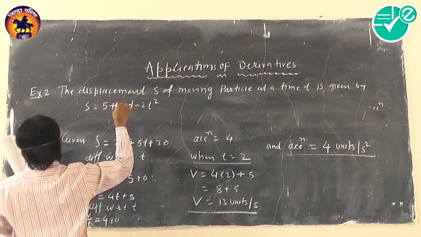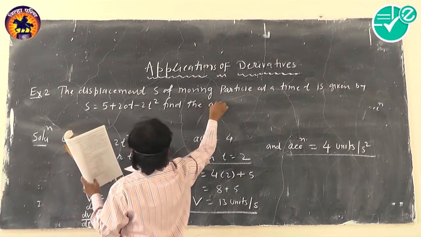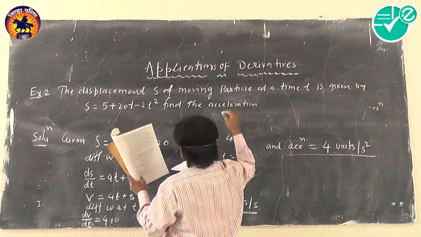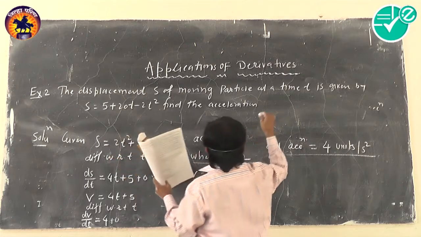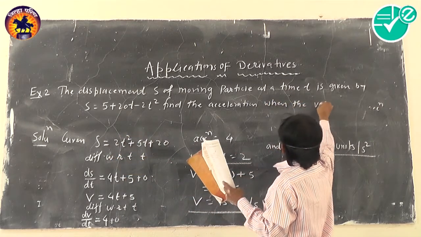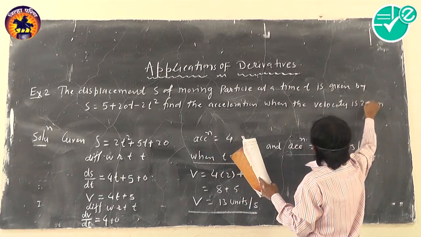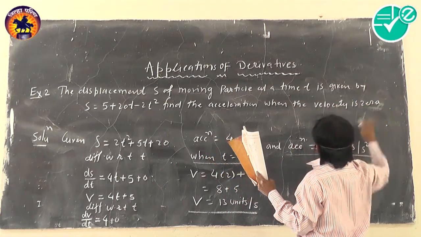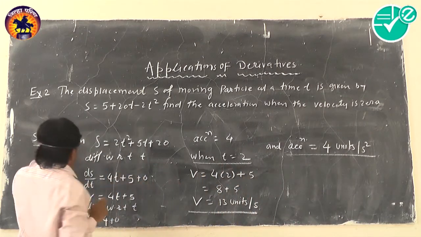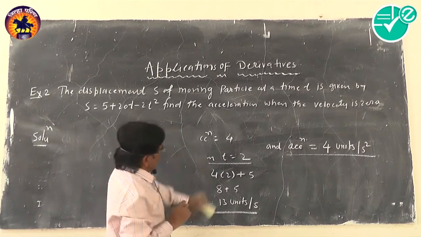Find the acceleration when the velocity is 0. This is the second example. Now our aim is to find the acceleration when velocity is 0.